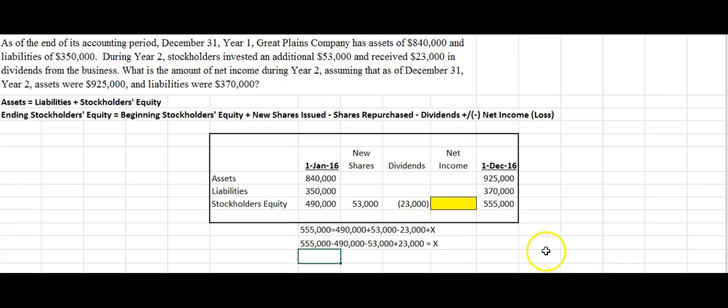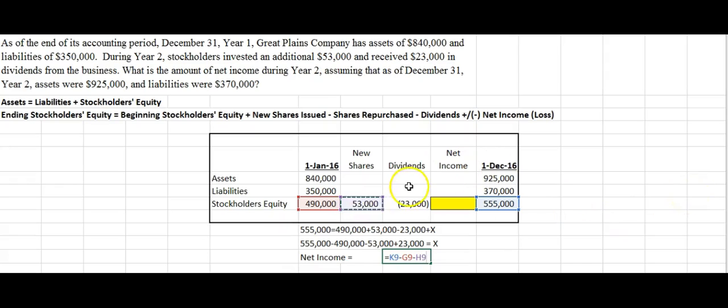I'm just going to do it over here. Net income, which is X, equals 555 minus 490 minus 53.